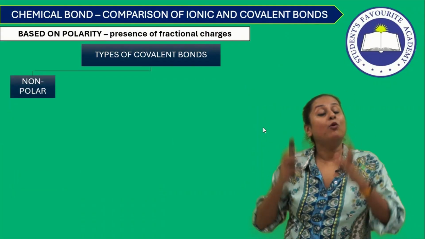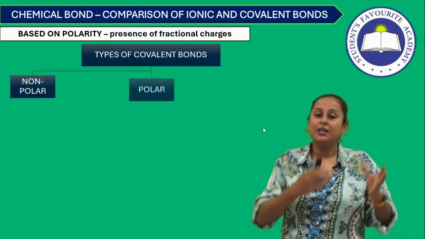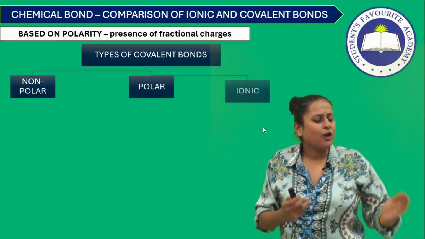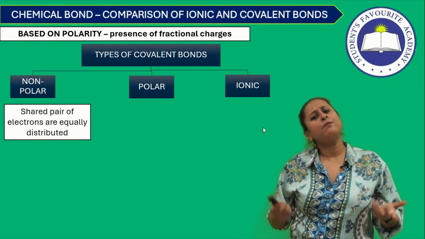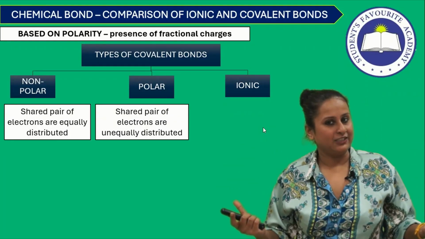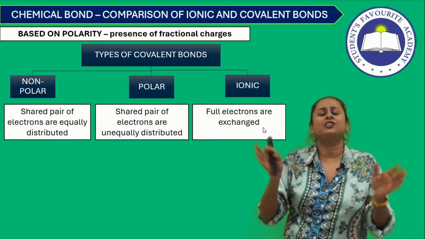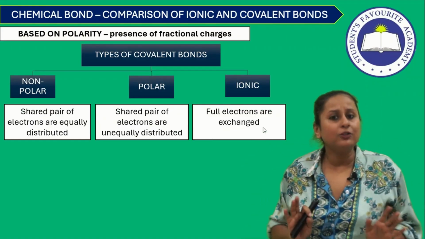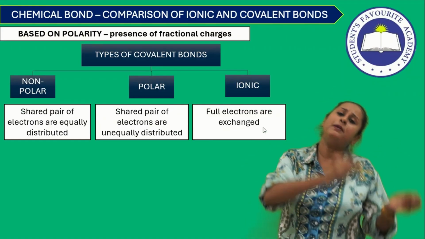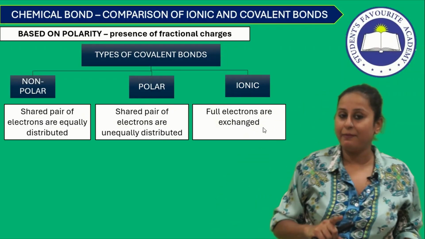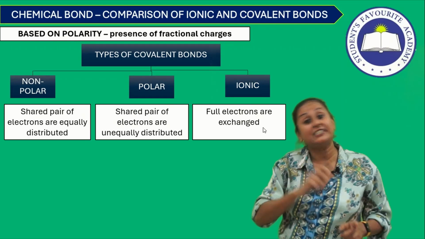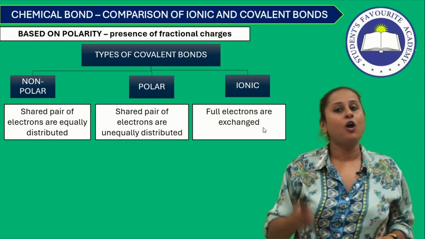Because the more electronegative atom pulls the shared pair of electrons a little bit towards itself. And what happens in ionic bonds? In ionic bonds, full electrons are exchanged. So electron pair sharing does not come into the picture. Why? Because complete electrons, 1, 2 or 3, maximum 3, remember, are exchanged. That means they are either given or taken.